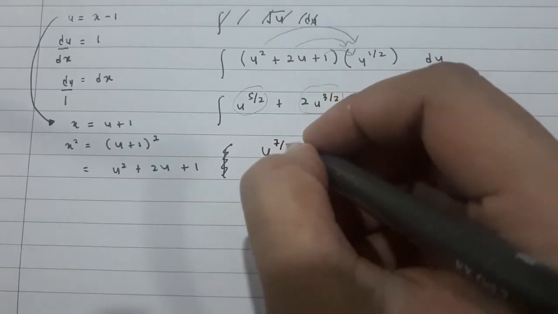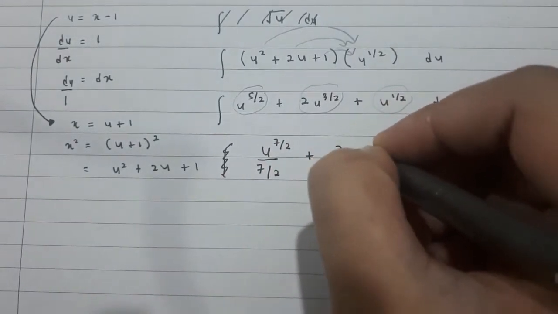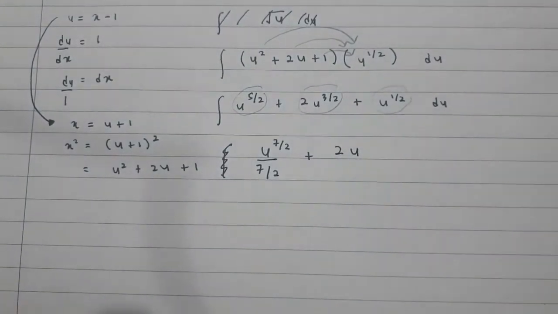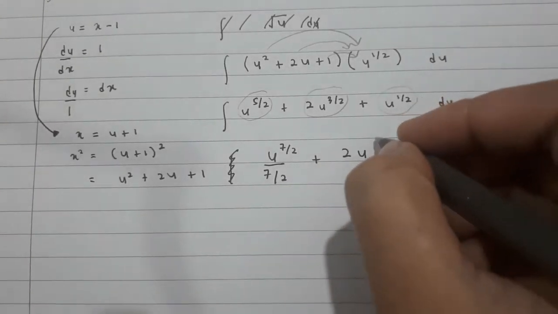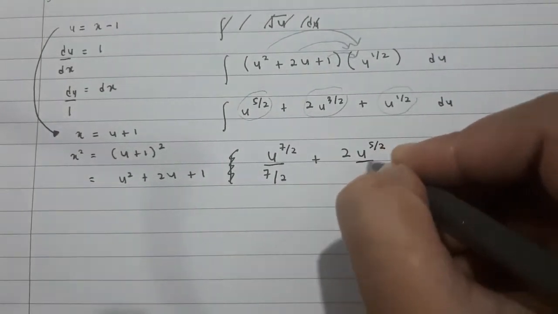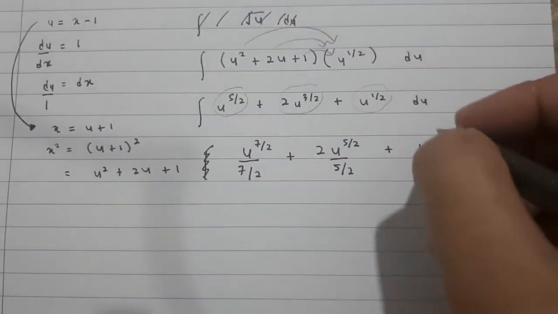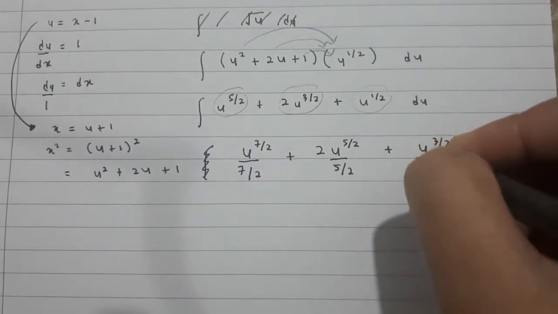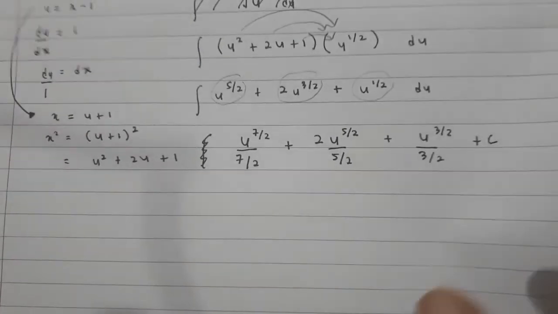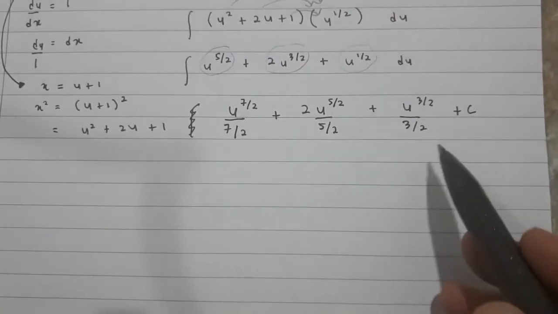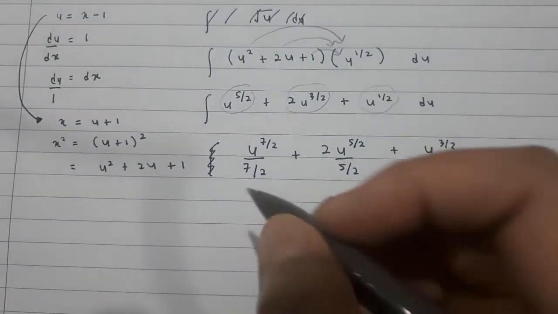So u power 7 over 2 over 7 over 2, plus 2 times u power 3 over 2 plus 1, which is 5 over 2. So u power 5 over 2 over 5 over 2, plus u power 1 over 2 plus 1, 3 over 2 over 3 over 2, plus c. Now, for the final answer, let's simplify and then do not forget to replace u by x minus 1.